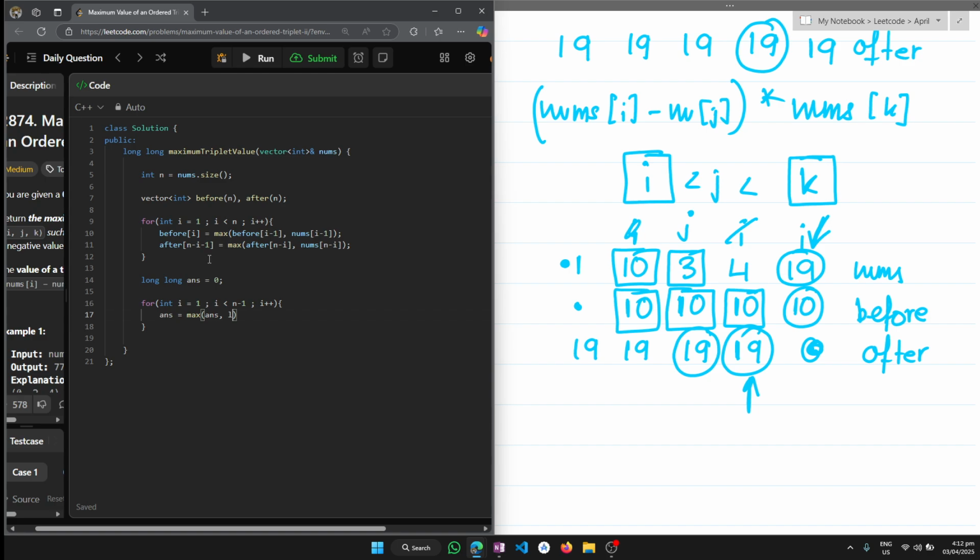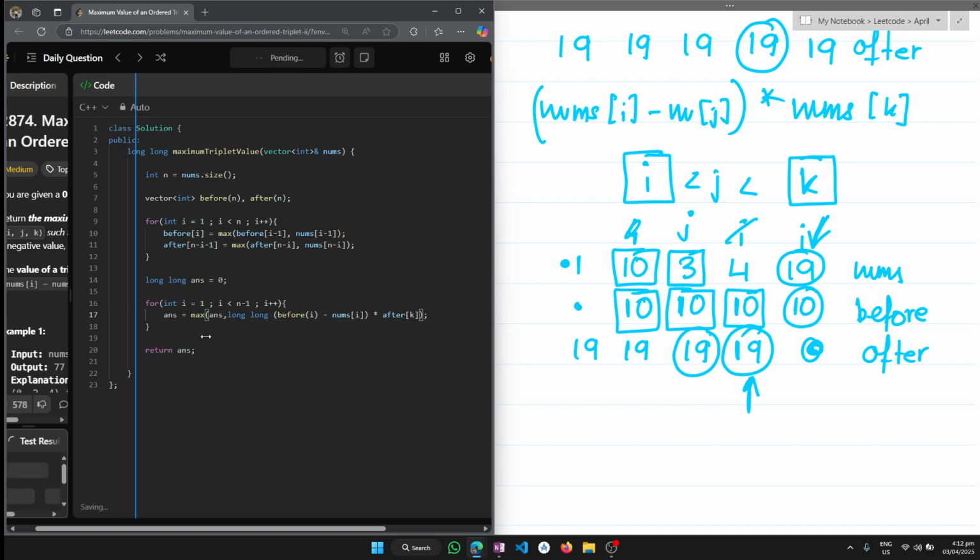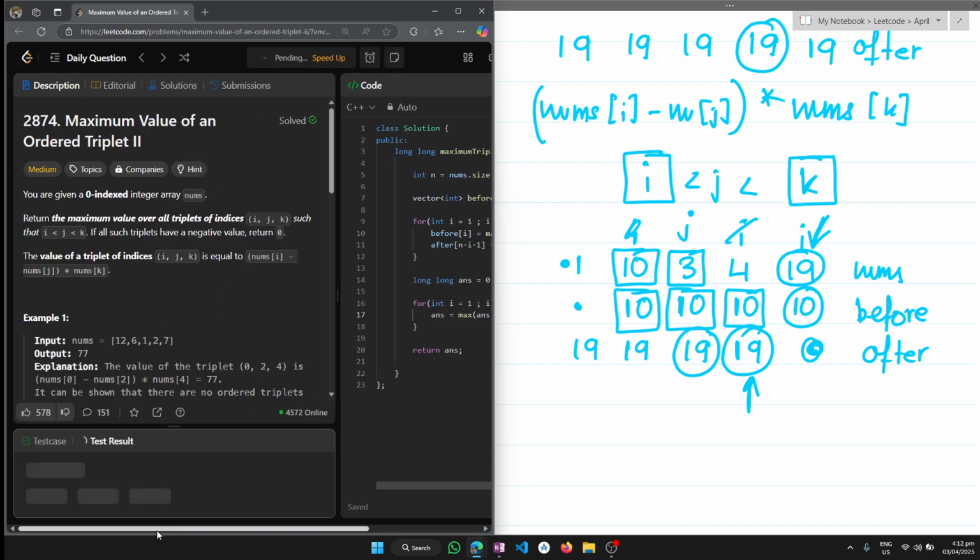So left or before of I minus nums of I, and this whole thing I want to multiply by after of k, and then I need to return my answer. The only thing is that since we are working in long, I will have to typecast it over here, something like this. So if I now run our code, let's see if it passes all the test cases.